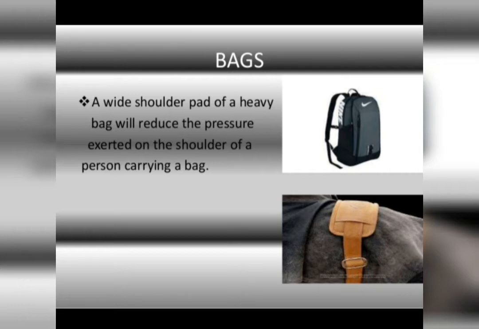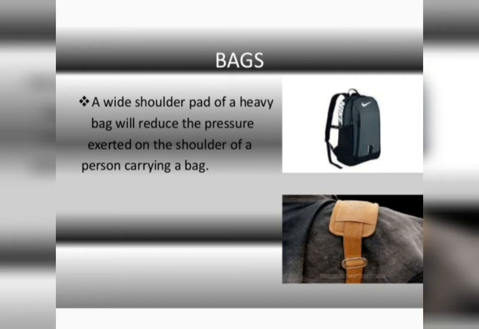In fact, you might have noticed, sir, that a person employed to carry heavy luggage always places a thick round piece of cloth on their head, right? When they have to carry heavy loads like heavy suitcases of passengers, they place the thick round piece of cloth on their head. Why?